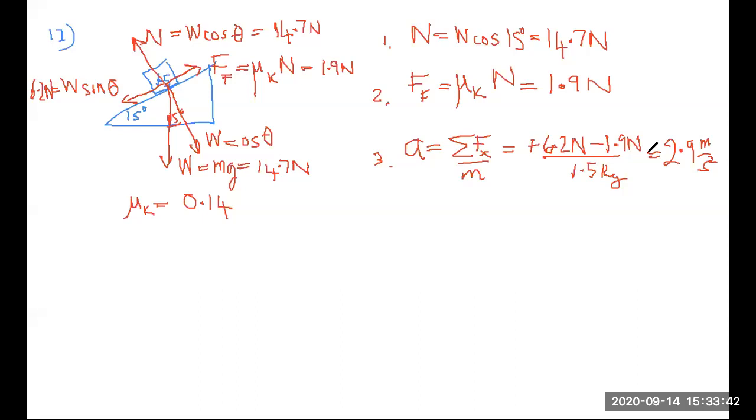So we're told that it falls from 1.3 meters. So the time is the square root of 2 times the distance divided by the acceleration of gravity.